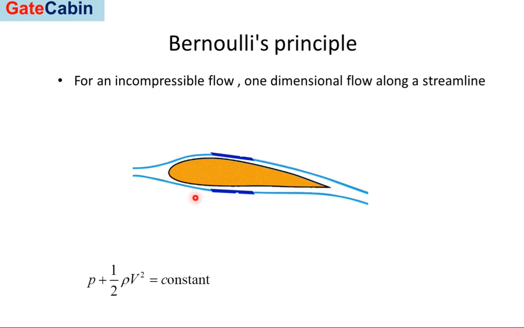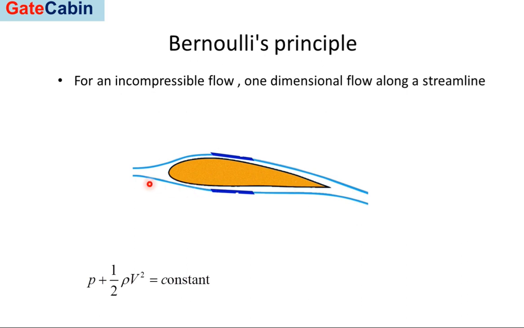So this is an aerofoil, as all of you can see, and the upper surface of the aerofoil is a little curved compared to the lower surface of the aerofoil. In real life applications, the lower surface is nearly flat or almost flat.